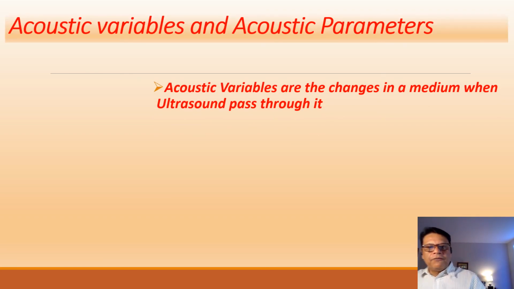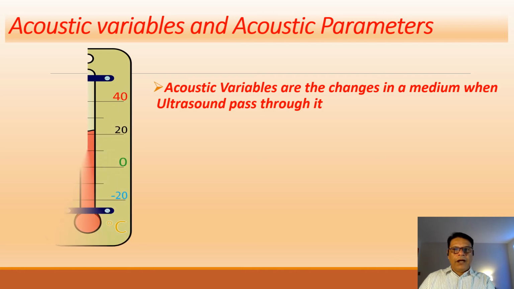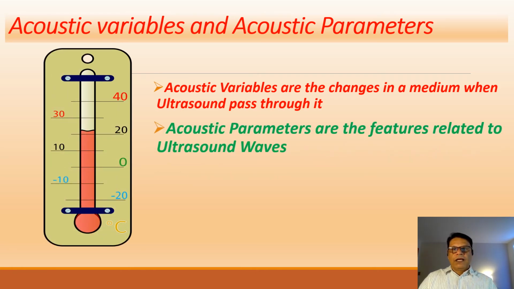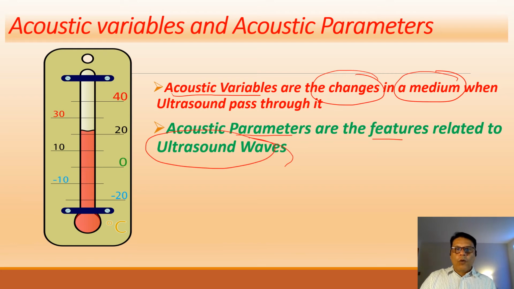So the difference between acoustic variables and acoustic parameters is that acoustic variables are actually the changes that are related with the medium, while parameters are the characteristics, the features that are related to the ultrasound waves. One is related with the waves and the other is related with the medium. So this is the difference between acoustic variable and acoustic parameter.